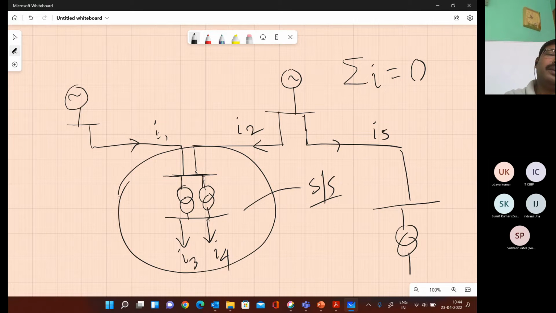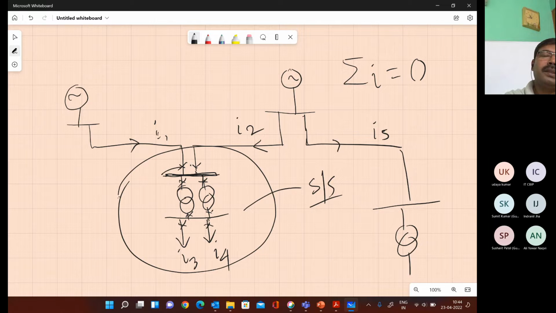Now this is how we first represent it. In a substation, you have to maintain the substation, so some bus switching scheme is required. There will be breakers, so that the faulty section can be isolated.